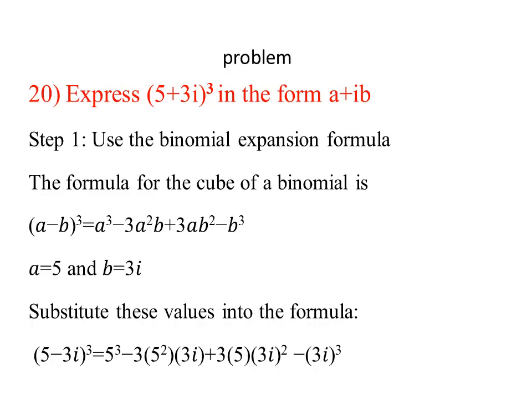Substituting these values in the formula, we get (5 - 3i) whole cube is equal to 5 cube minus 3 into 5 square into 3i plus 3 into 5 into (3i) square minus (3i) cube.